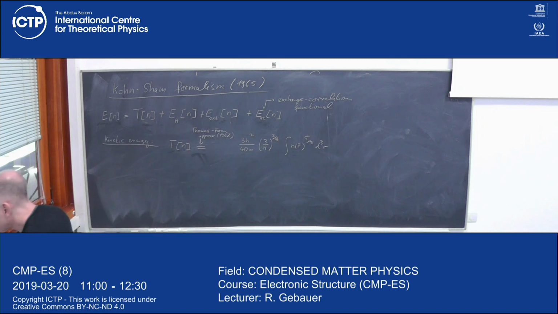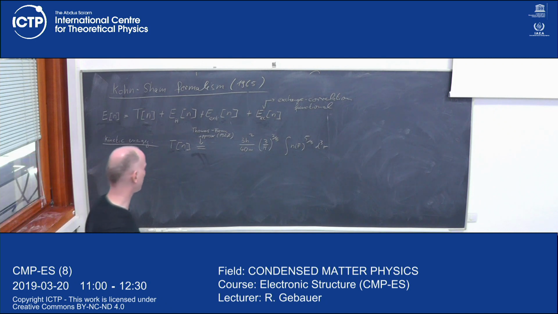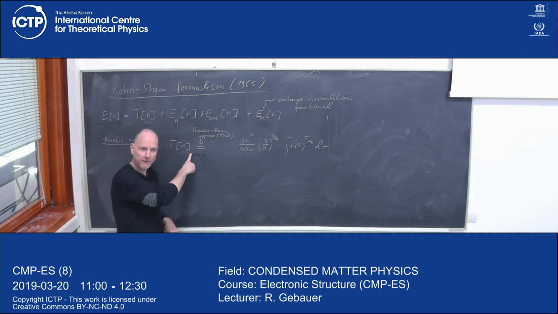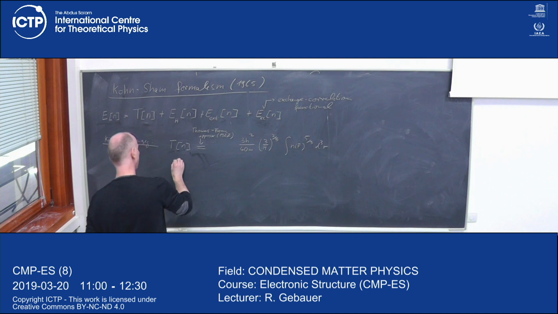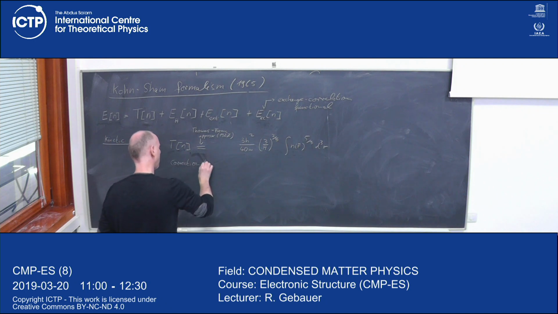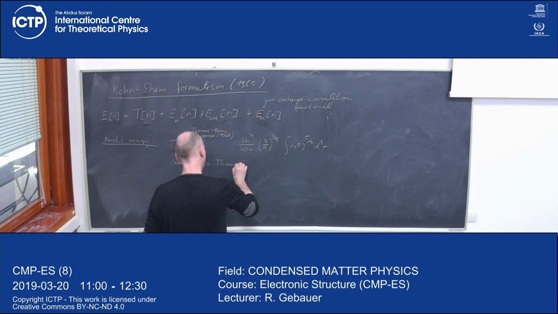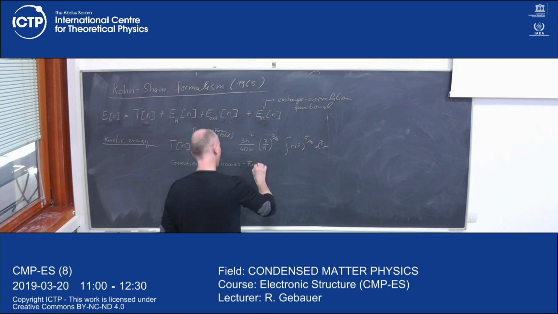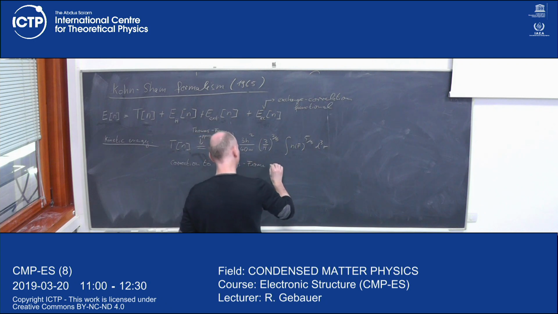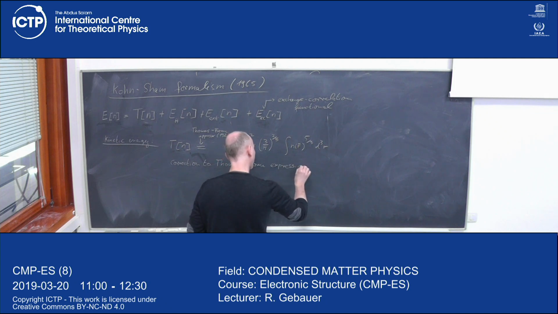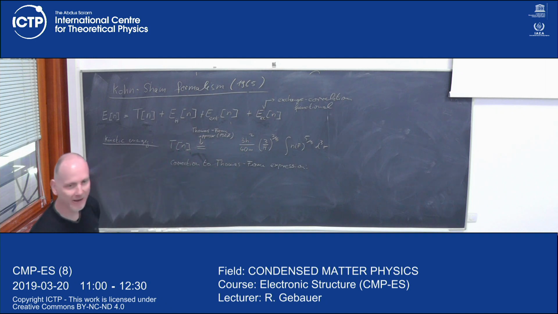A little bit later, this has even been improved. So if this should not be good enough, one can write a correction to Thomas-Fermi. This comes from a scientist whose name is von Weizsäcker.